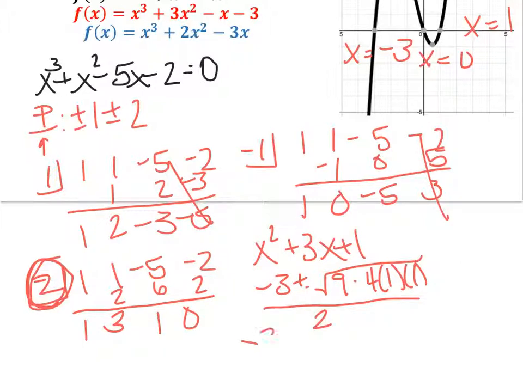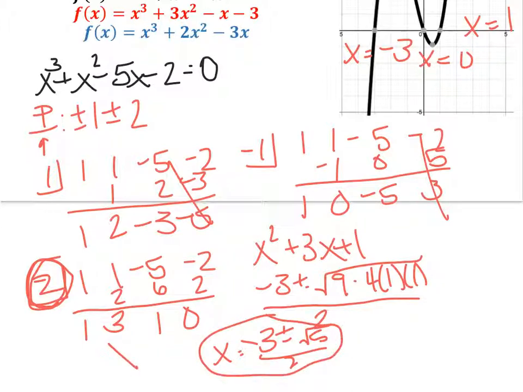So that's -3 plus or minus the square root of 5 all over 2. And I can't simplify that at all, so my 3 x-intercepts are this and x equals 2. These obviously do not match my graph, so I can take number 1 off my list.